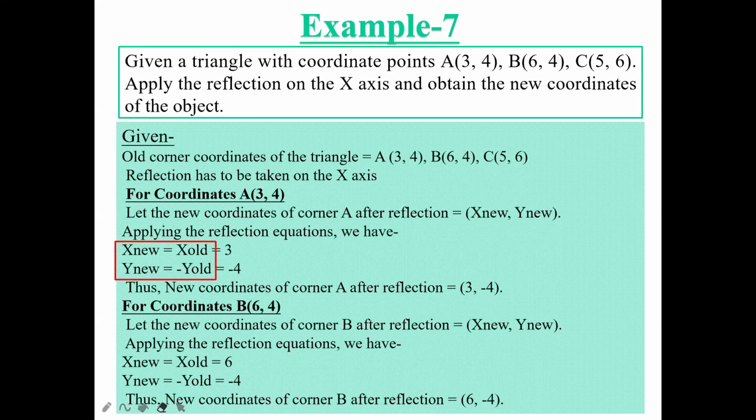This is my formula. So if I put the values into that, what answer will I get? As x new equals x old, the value will be the same as 3, and y new equals minus y old, so the value will be minus 4. So this will be the new coordinates of your vertex A. After reflection, the value is 3 comma minus 4.